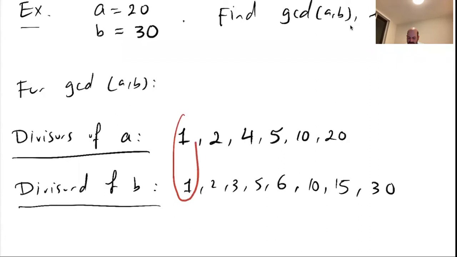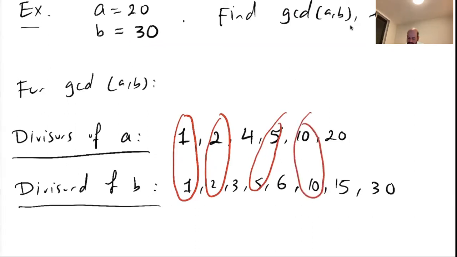So 1 is a common divisor. 2 is also a common divisor. Common means a divisor for both numbers. So 1 is a divisor for both, 2 is divisor for both, 5 is divisor for both, and 10 is also divisor for both. So these 4 numbers are common divisors.